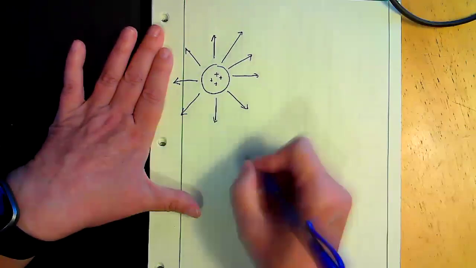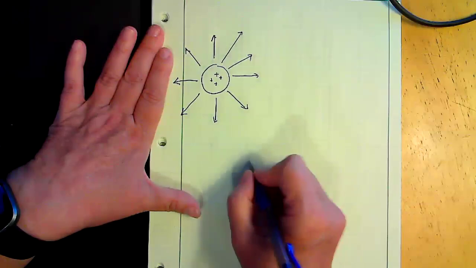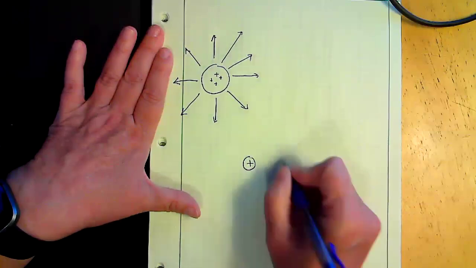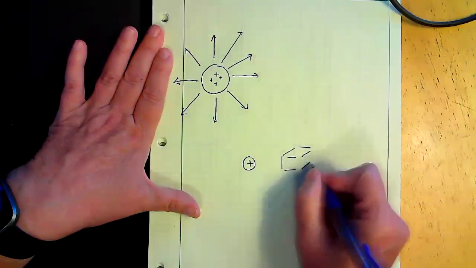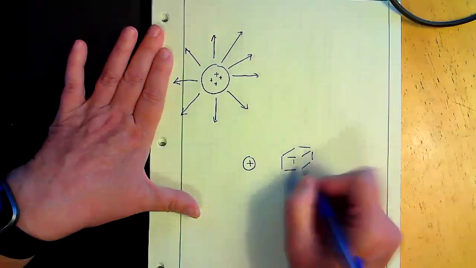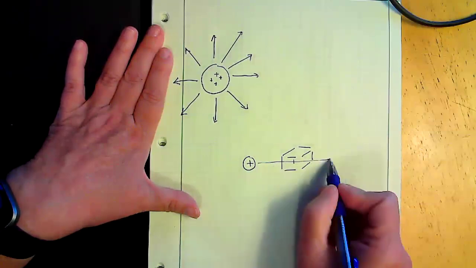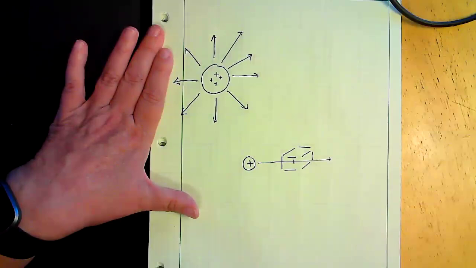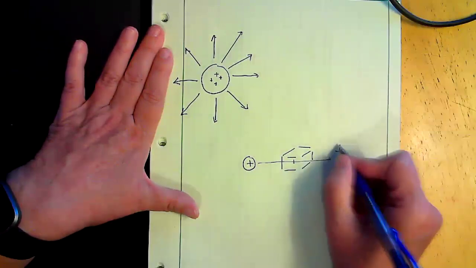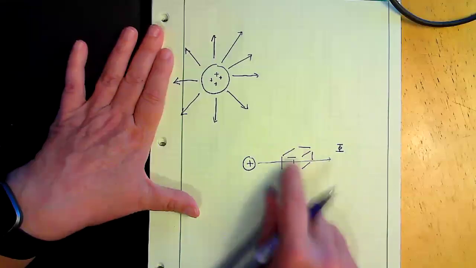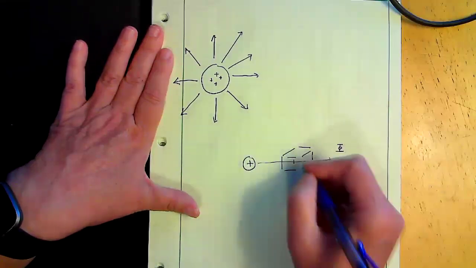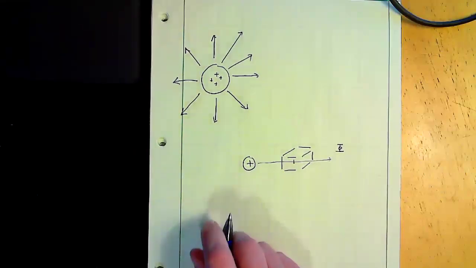But what Gauss's law is telling us is if I have a charge outside of my box, the charge goes in and it goes out. And if there's no charge in here, I'm not going to have a flux through my box. The flux in my box is going to be dependent on what the charges are on the inside.